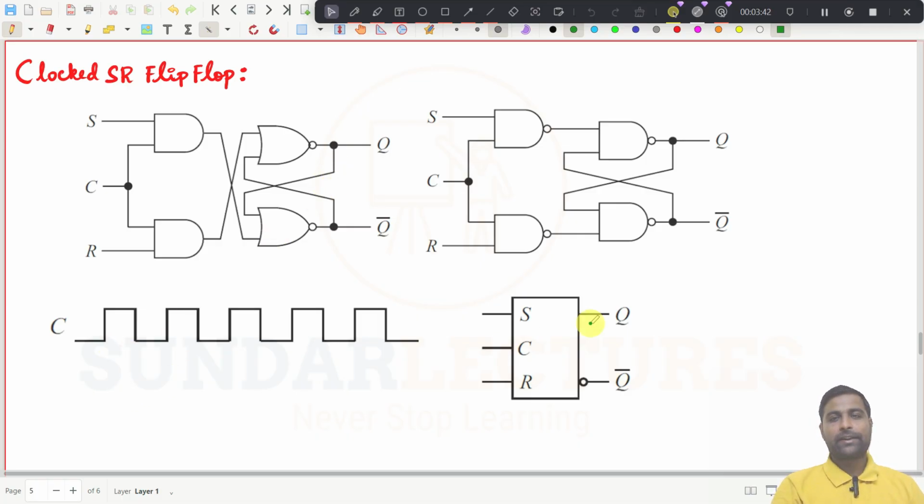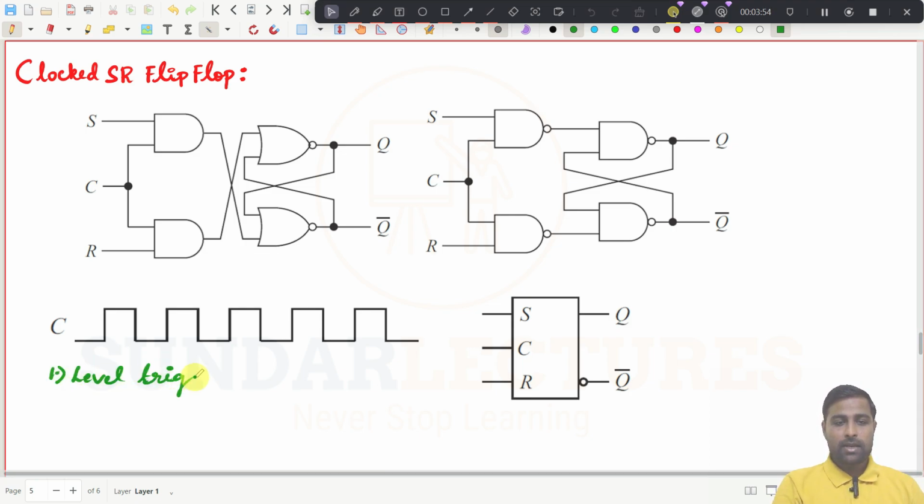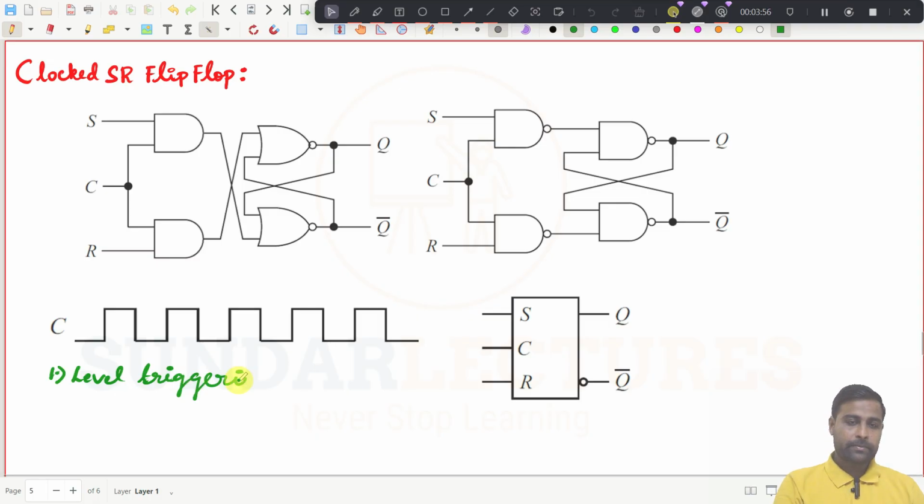There are different types of clock pulses available. One is level triggering, and the second one is edge triggering, right?